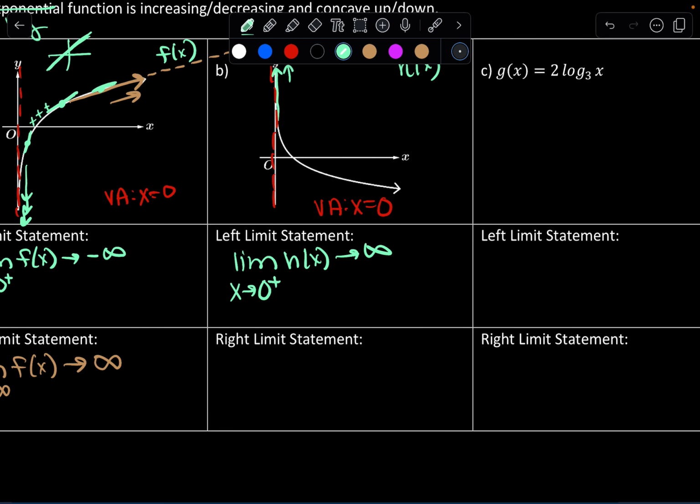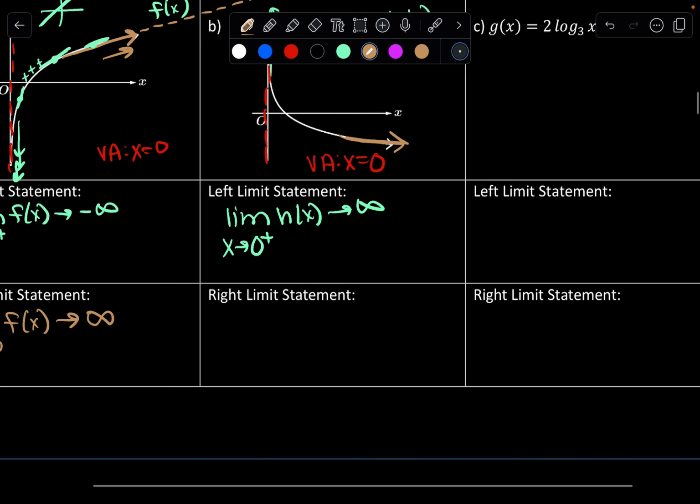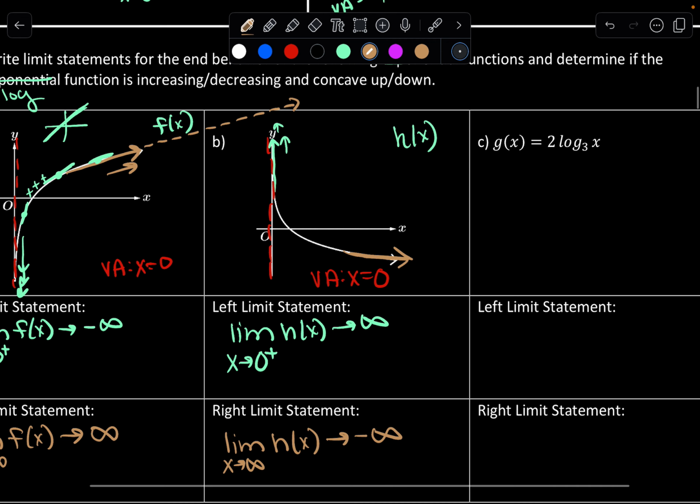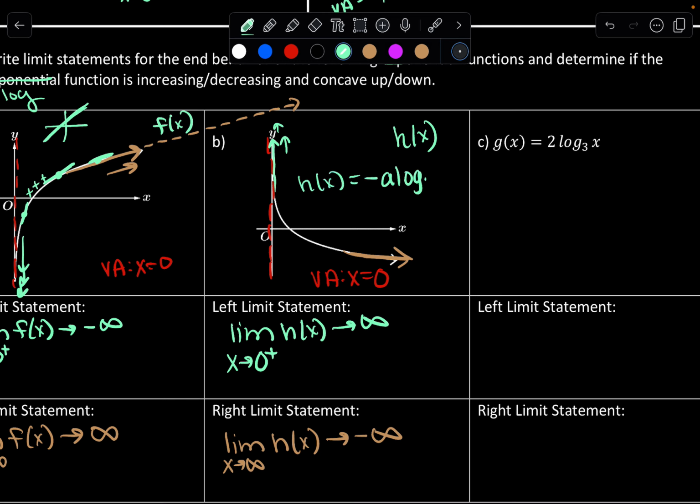The right limit statement, because this has been reflected, it is now decreasing, so the output values are going down. So the limit as x approaches infinity for h of x is approaching negative infinity. So this function, I don't know what it is exactly, but h of x is equal to some negative a log base b x.